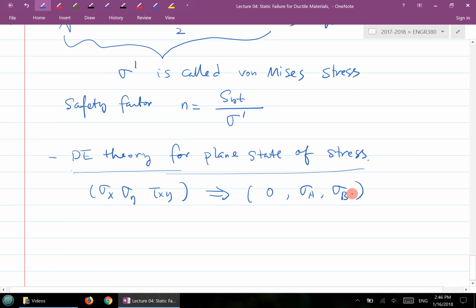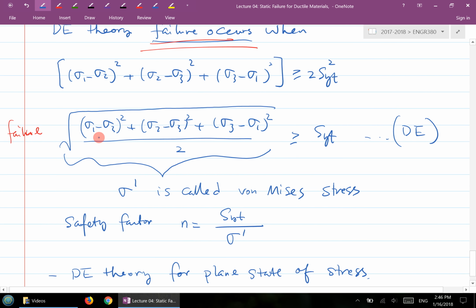I don't know which one is sigma 1 or sigma 2 or sigma 3, but if you look at the von Mises stress here, the nice thing is it's always square, square, square. So if you let any combinations, maybe 0, sigma A, sigma B, or sigma A, sigma B, 0, any combination will yield the same result.